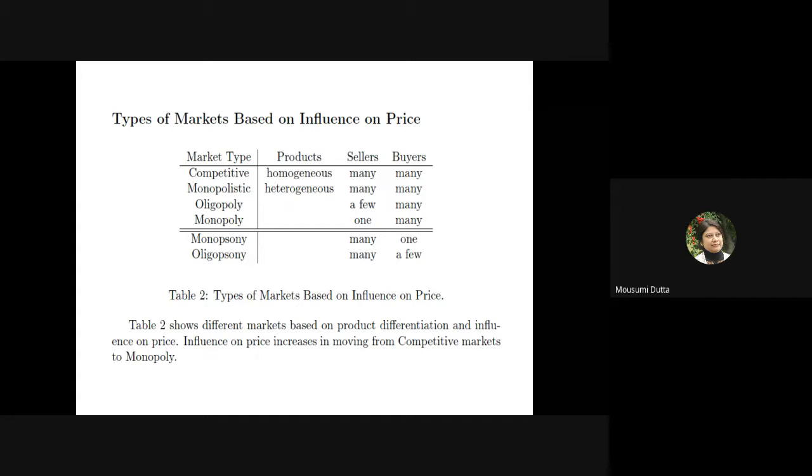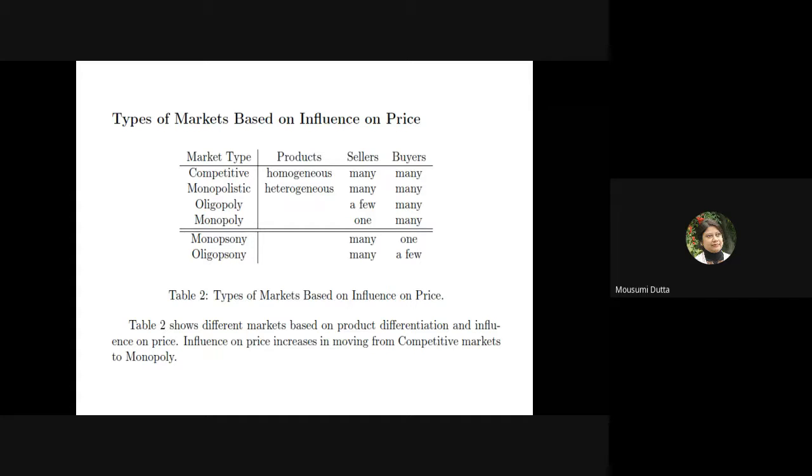That is, there will be a price which clears the market. Every seller and every buyer will accept the price. So for an individual seller and individual buyer, price is externally given, given from outside. And everybody accepts that price.